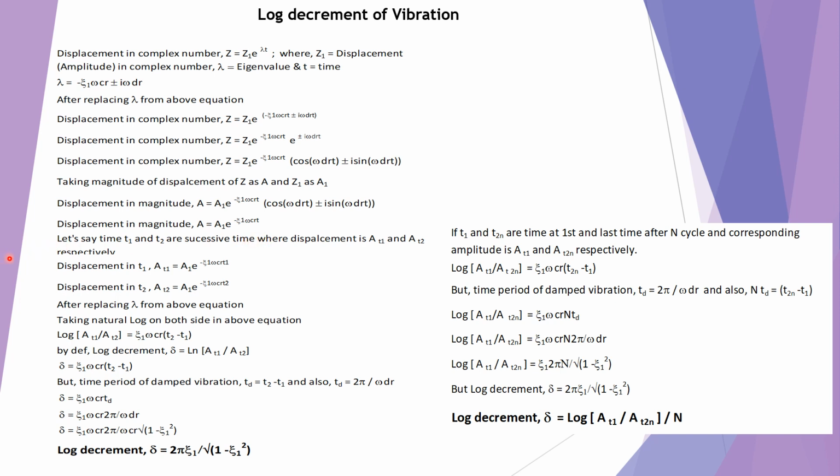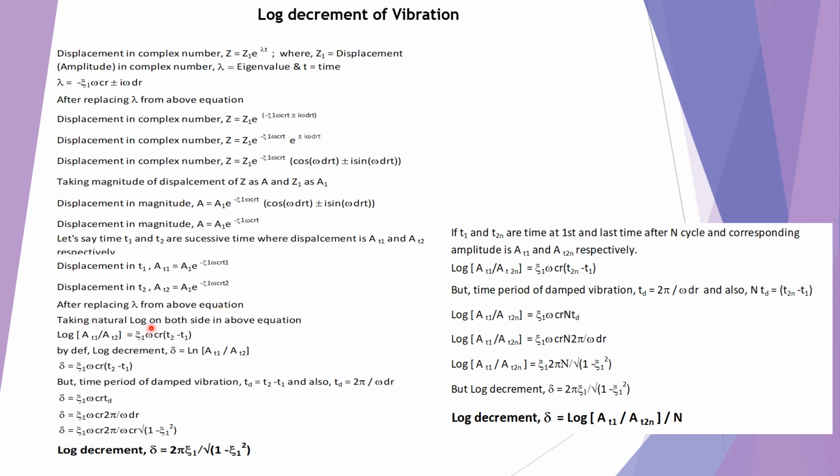Let's say t1 and t2 are two successive times and AT1, AT2 are the displacements respectively. Then displacement at time t1 can be written as AT1 is equal to A1 into e to the power minus zeta 1 omega cr t1. Similarly for time t2, amplitude AT2 is equal to A1 into e to the power minus zeta 1 omega cr t2.